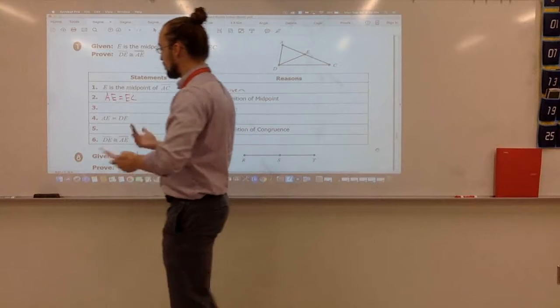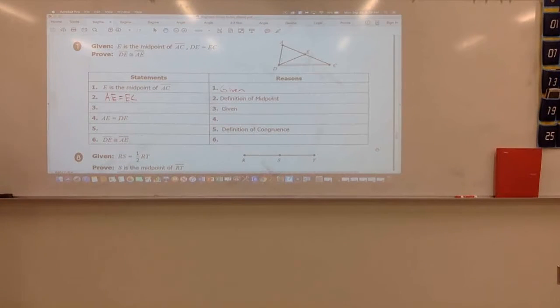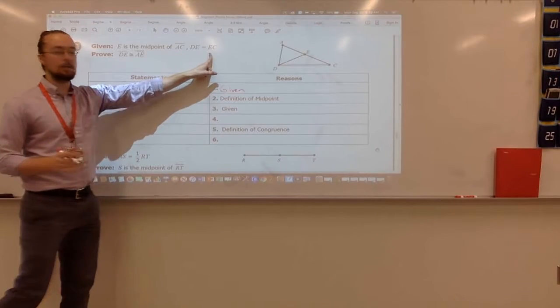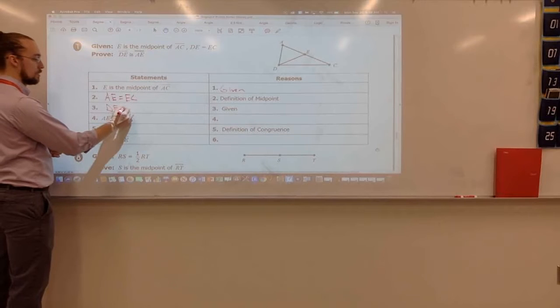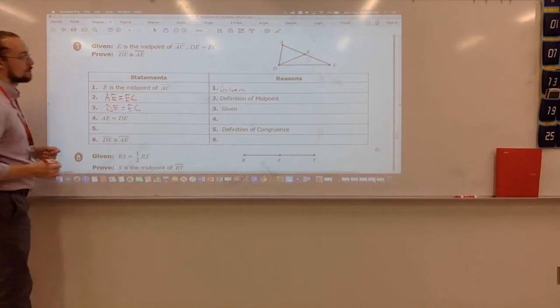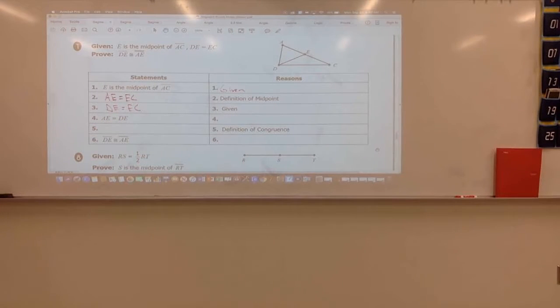Well, now in line 3, they say that we're going to use the other piece of given information. The other piece of given information is just DE equals EC, right? Now somehow they claim that AE and DE are equal. How can I do that?